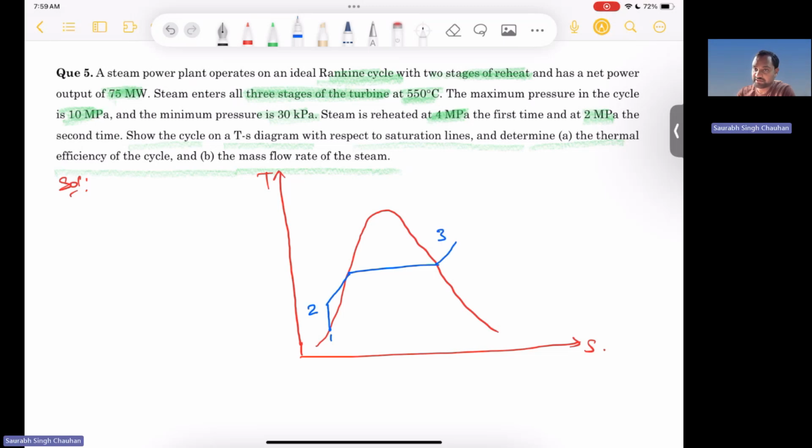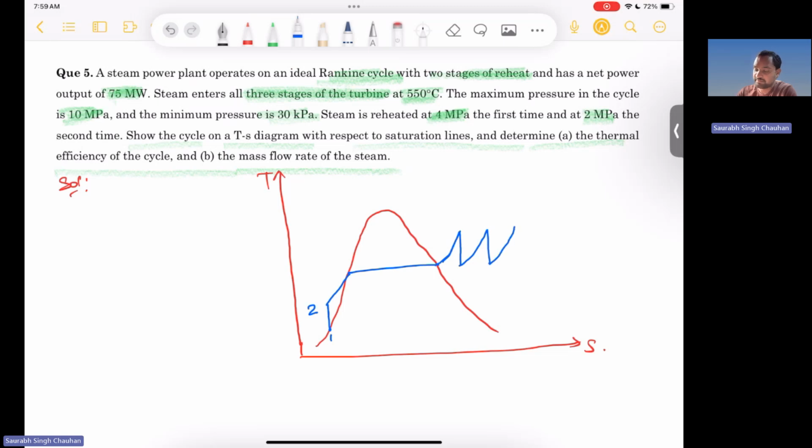This is constant pressure heat addition. Then another stage is a first turbine, then one reheat, one more turbine, and one more reheat.